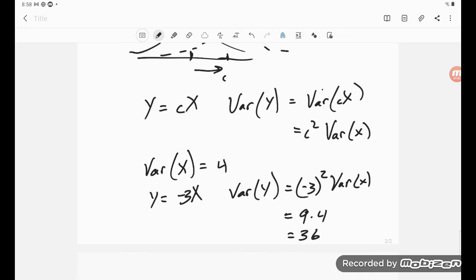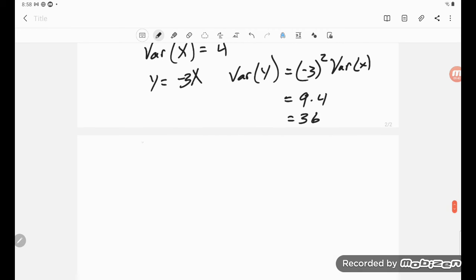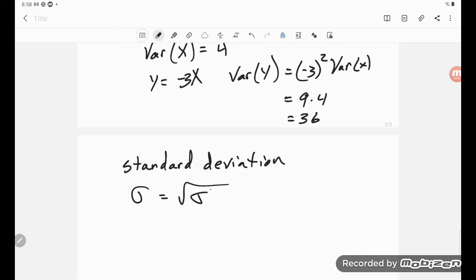Okay, and then we have the standard deviation. And the standard deviation we just call sigma. We had the variance, which was sigma squared. So sigma is the square root of sigma squared, the standard deviation of our random variable x, the square root of the variance of x.